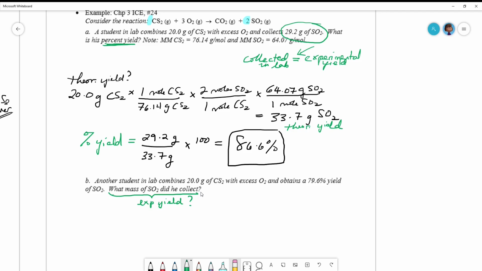What is the experimental yield? Okay. Now, note that the conditions for student, well, let's call this student B because it's part B, are identical to the conditions for student A, in that they worked with 20 grams of CS2 with an excess of oxygen. Well, if they started with the same amount of CS2, which is the limiting reactant, the theoretical yield of this student has to be the same as the theoretical yield in part A. So theoretical yield has to also be equal to 33.7 grams because in this case, the same amount of reactant CS2 is used.